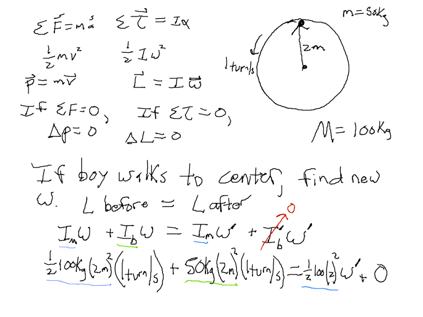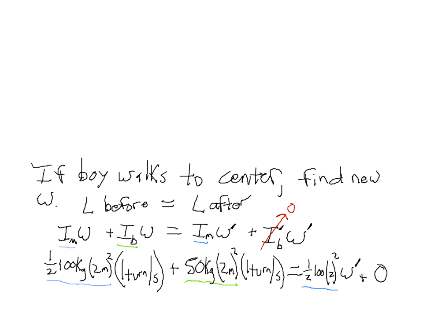All right, well now we have only one unknown in this equation, and that's omega prime, so it's just a matter of plugging the numbers in. I'll erase the top half of the screen so we have some more room to work up there. Okay, 1/2 times 100 kilograms is 50. 2 squared is 4, so we have 50 times 4, that would be 200 kilogram meters squared turns per second.